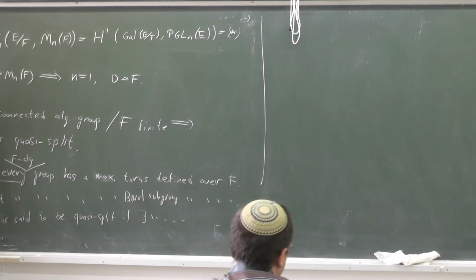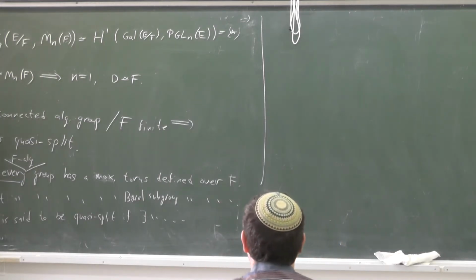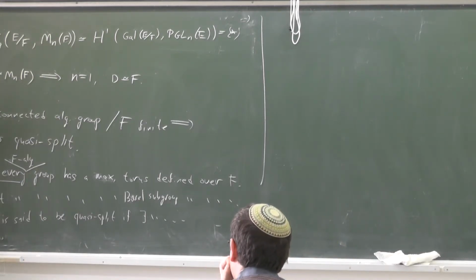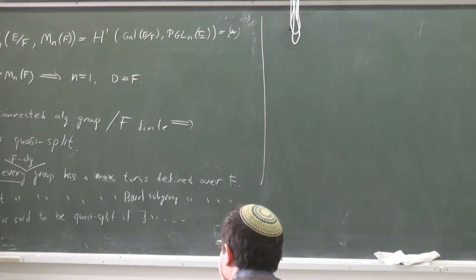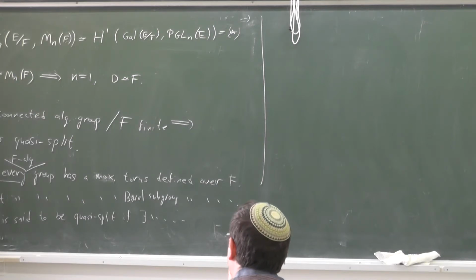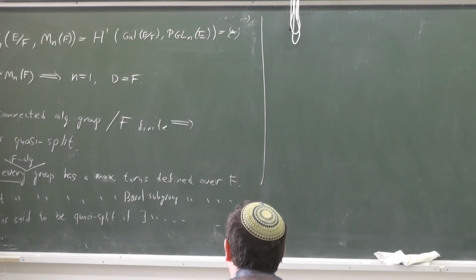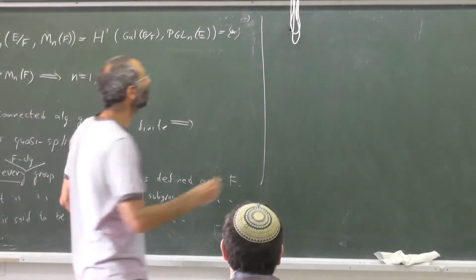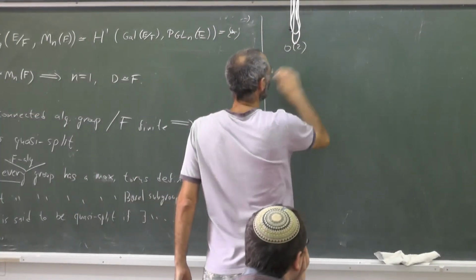Okay? Well, you can talk about a maximal F torus, but if this maximal F torus is also a maximal torus for the algebraic closure. So there always exists the maximal torus for G itself, over the algebraic closure, which is defined over F. So what is F split then? I'm totally confused now. Take O2. Okay?